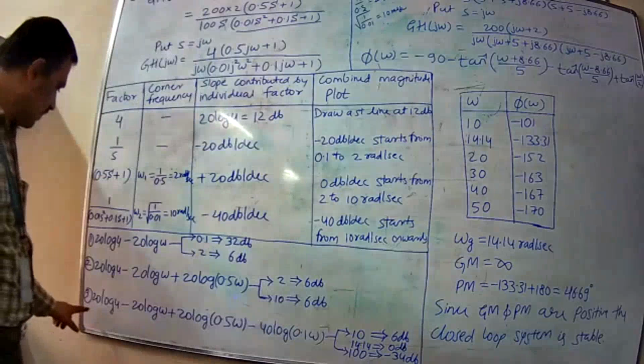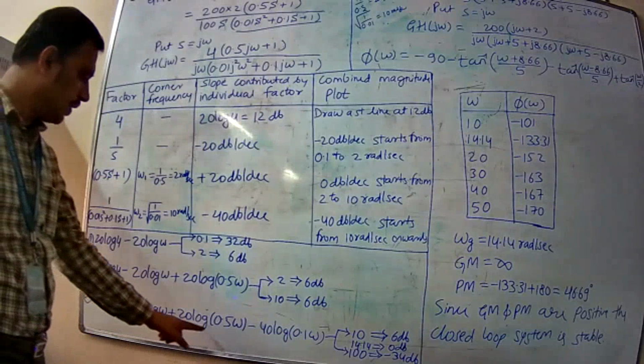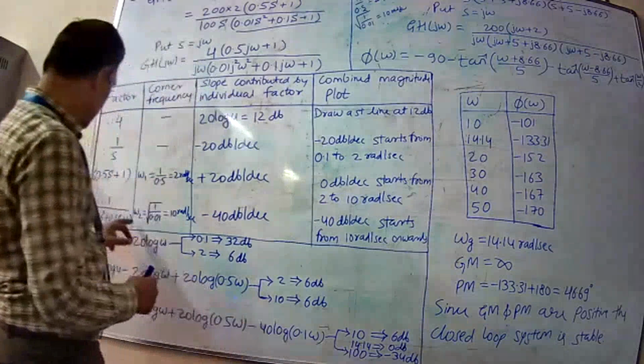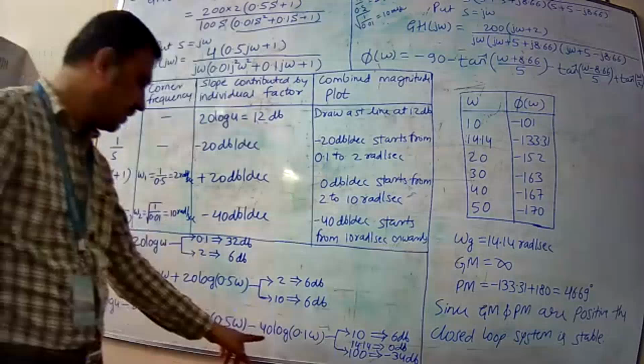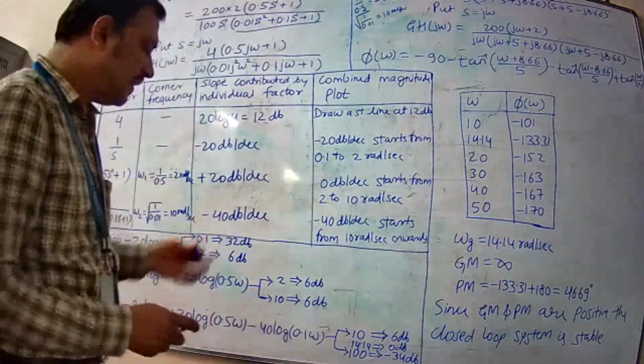Next, this is important. 20 log 4 minus 20 log omega plus 20 log 0.5 omega minus, because here we have the quadratic factor, hence I have written 40 log of 0.1 omega.